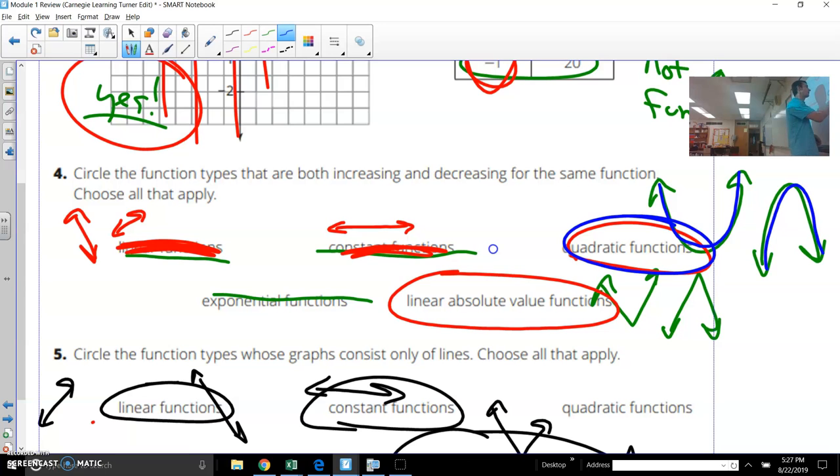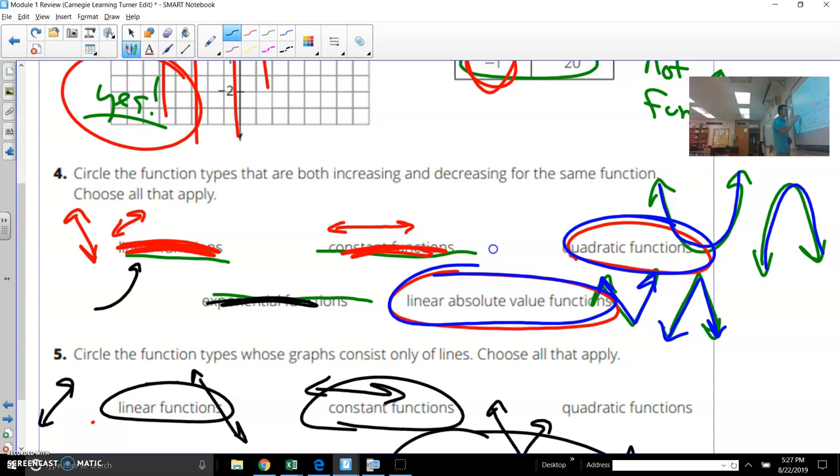So that one was good. I like that answer. And right below it, similarly to a U, if it was an absolute value graph, it would also do a form of increasing then decreasing. So those are my favorite answers. I do not care for exponential, though, because it's either rapidly increasing only or it's rapidly decreasing only. It's not doing both.